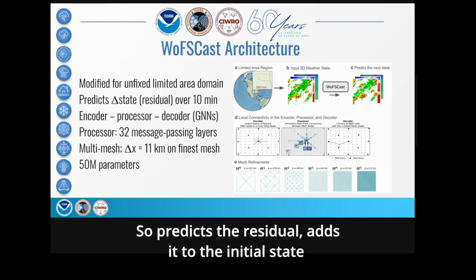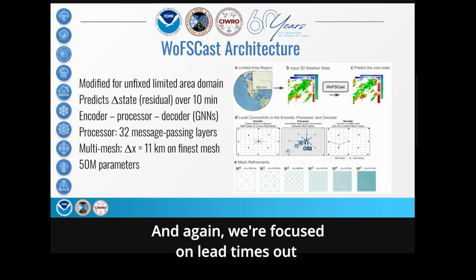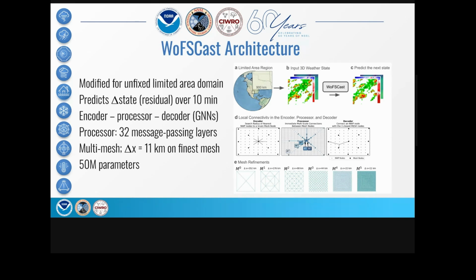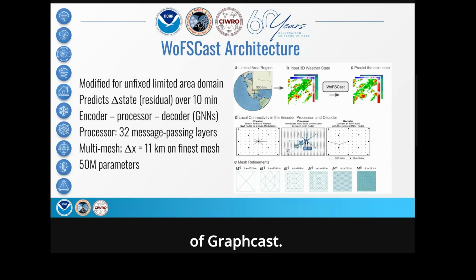So it predicts the residual, adds it to the initial state to get the new updated state, and then rolls that out over however many time steps you want. And again, we're focused on lead times out to about 6 hours. So this uses the encoder-processor-decoder strategy of GraphCast.